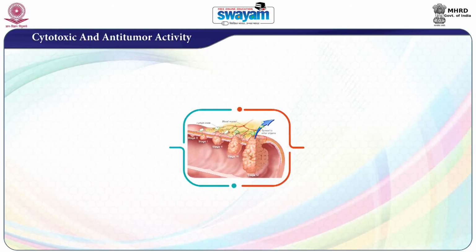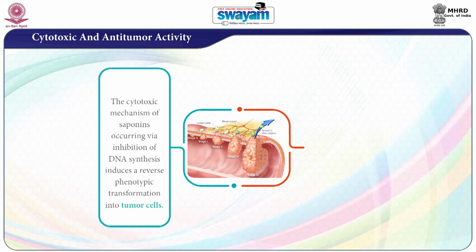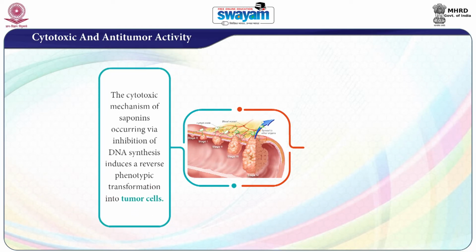Let's now see the cytotoxic and antitumor activity of saponins. The cytotoxic mechanism of saponins occurs via inhibition of DNA synthesis and induces a reverse phenotype transformation into tumor cells.